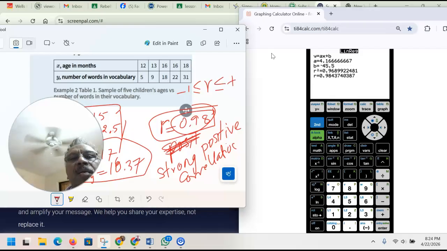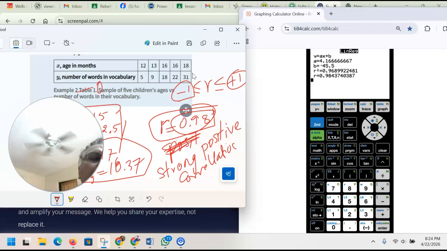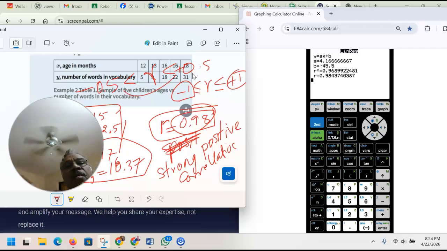Okay. So because this number is almost close to 1, remember your R has to be between -1 and 1. The closer to 1 or -1, we can say strong correlation. A weak correlation would be if your number is between -0.25 and 0.25.